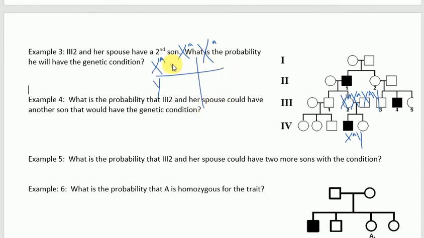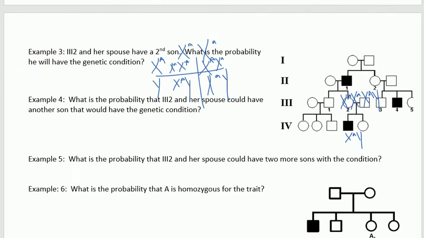So we are looking at X, A, Y, and then X, little a, Y. So we have done this cross. We have a little bit more information than what we need.